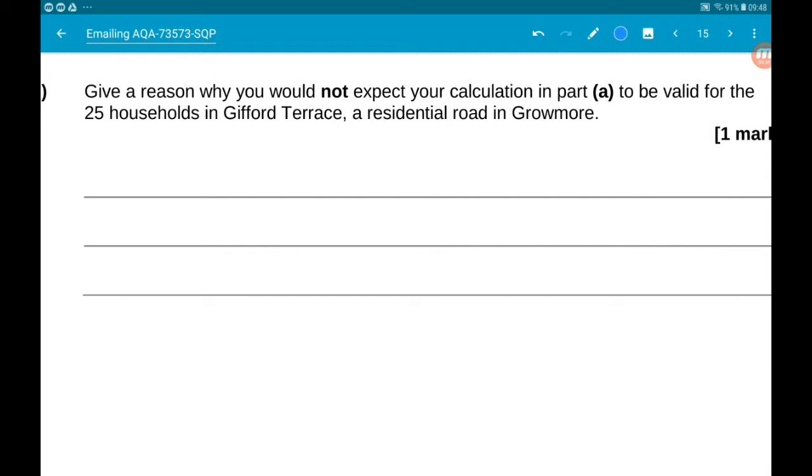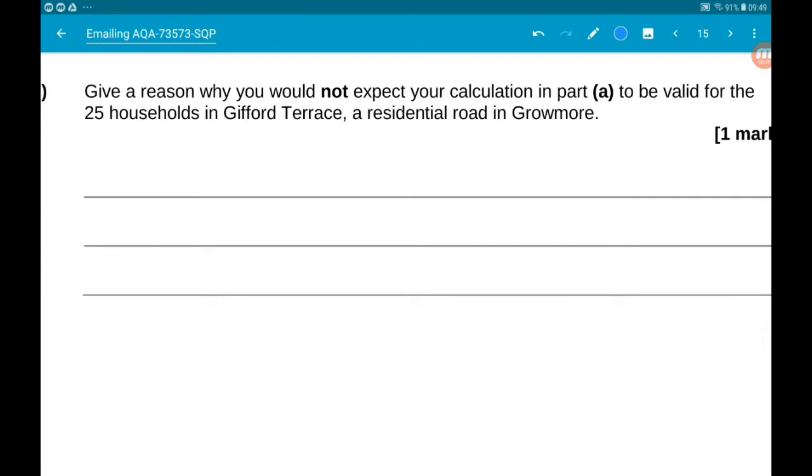Cool. Okay, then part B wants us to give a reason why our calculation in part A may not be valid for the 25 households in Gifford Terrace, a residential road in Gromel. So the binomial expansion only works when events are independent.